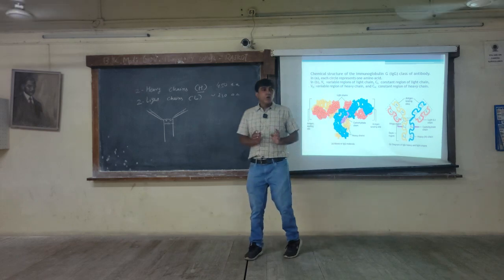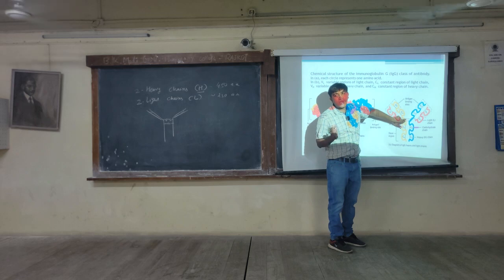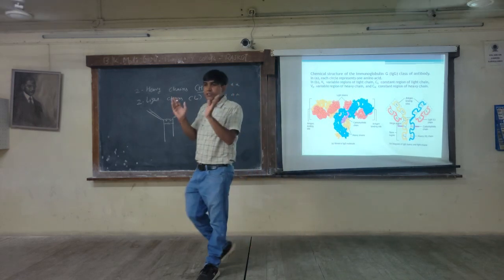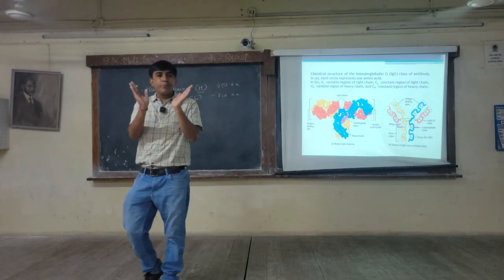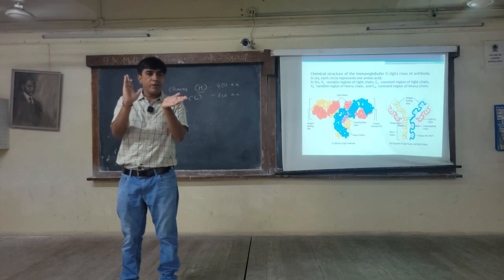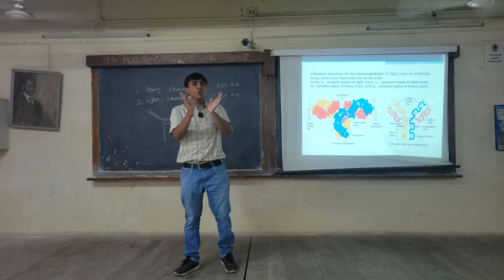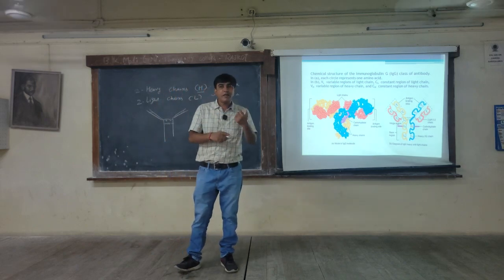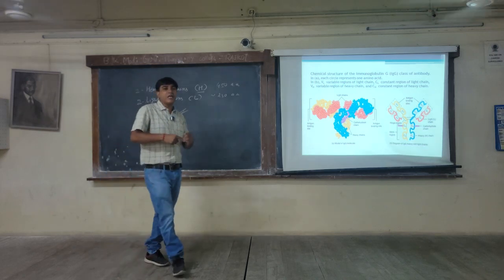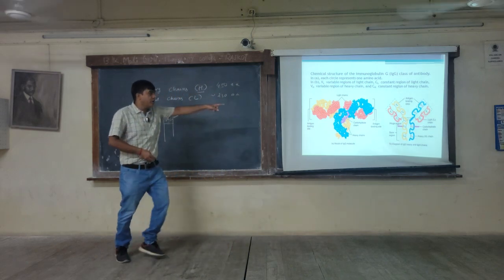Now, where there is a disulfide bond, these bonds are slightly flexible, and because the light chains are attached to the heavy chains, over there the structure is somewhat flexible. It can bend and twist. Mind well, both bending and twisting both are possible, and because of that, when the antibodies are present in blood, both these chains are intricately folded with each other. They are folded with each other as shown over here.